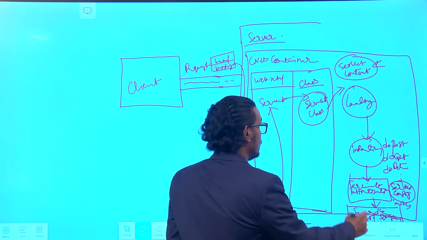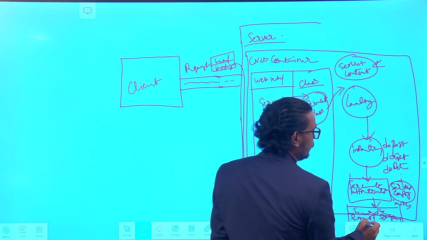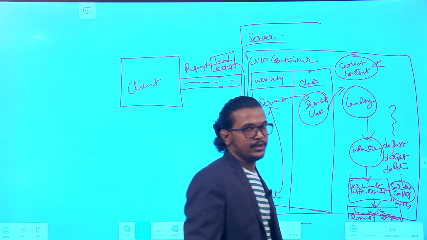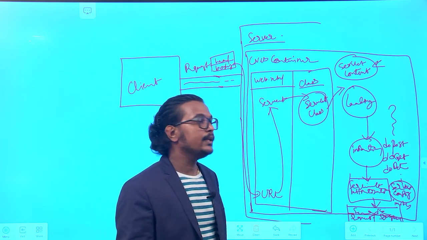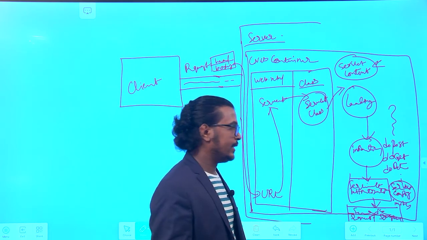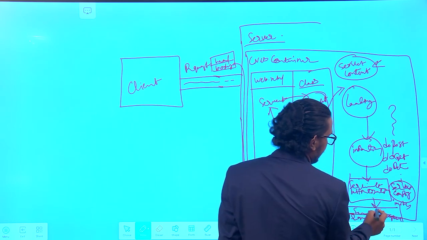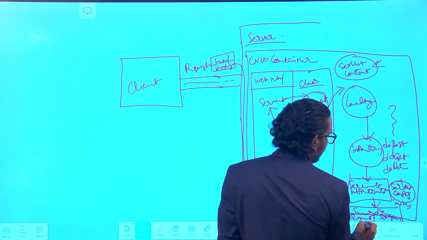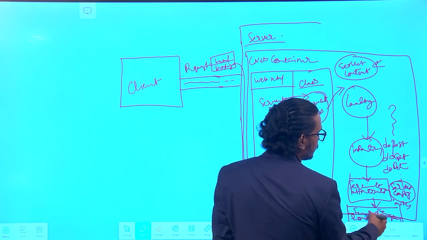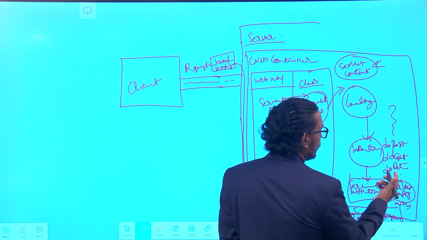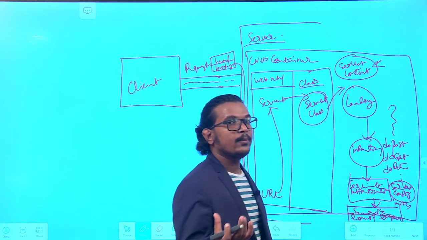Once the service method is activated, the related thread will be created in your instantiation. Once the request is processed, we have to create some response, right?